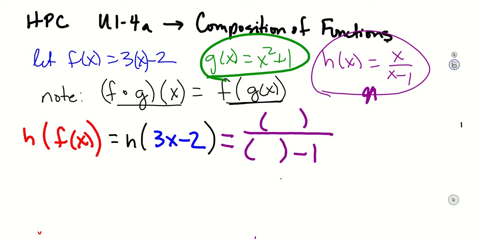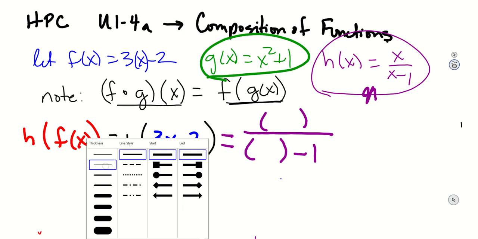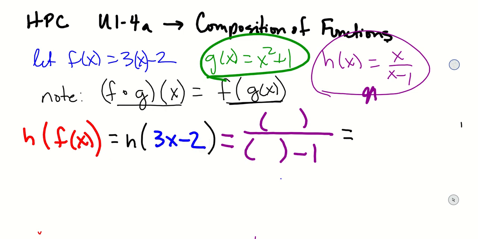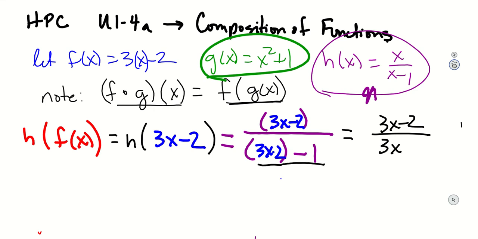When we evaluate this, we're going to take our 3x minus 2 and put it where x was. And we end up with 3x minus 2 on top over 3x minus 2 minus 1, which is 3x minus 3.